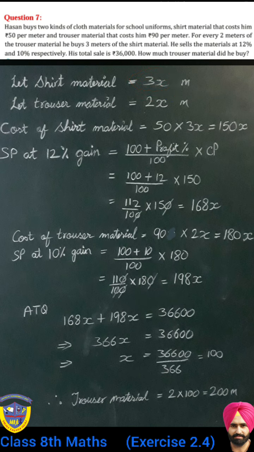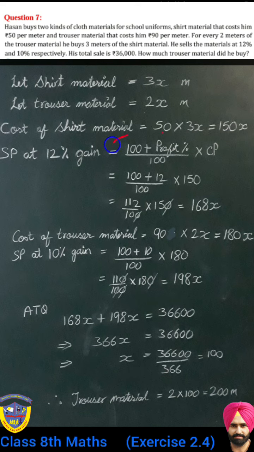Now cost of shirt material, the cost of 1 meter of shirt is given as 50 rupees. So the cost of shirt of 3x meters is equal to 150x, and it is also given that he sells the materials at 12% and 10% profit respectively. He sells the shirt at 12%.